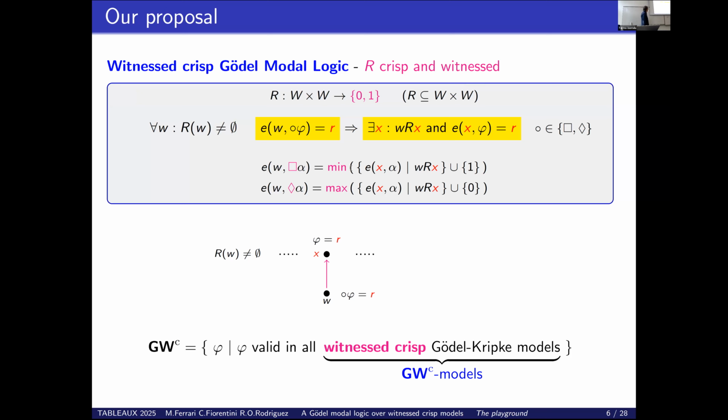We say that the accessibility relation is witnessed if every time in a world we have a formula with a modality weighted r, and there is at least one successor of w, then there is a successor where the value of the formula is exactly r. That is, we have a witness for the value of the formula in the model.